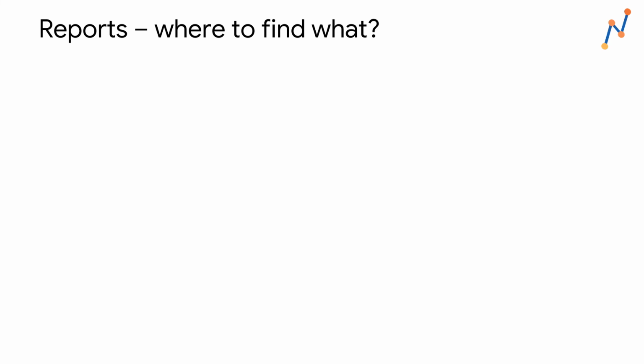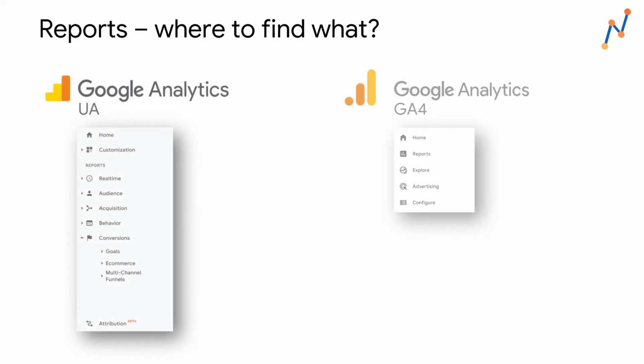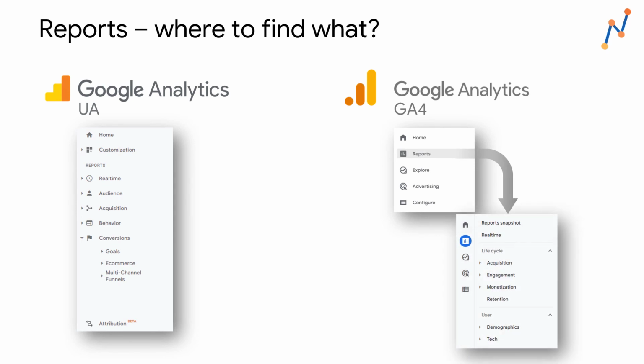After we've gone through the report landscape of both, you are now aware of what you are missing already or will be missing in the future. But hopefully Google will listen to the needs of the Google Analytics users and will address the lack of reports in GA4. Until then, here's where you will find either equivalent reports or at least similar reports in GA4 which you might have been using in Universal Analytics.